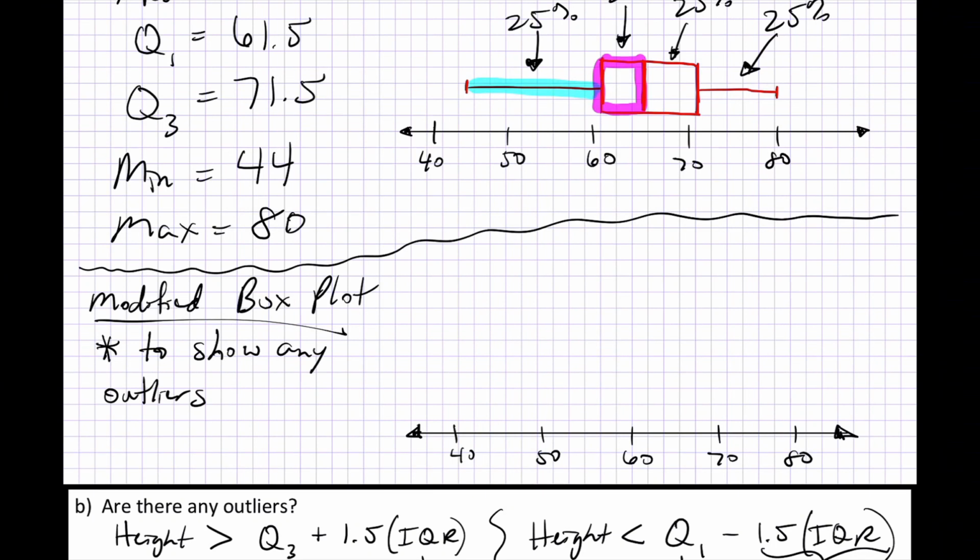For the ones we just did, didn't we have an outlier? 44, right? So over here, we put a star at 44. So 44 would be right here.